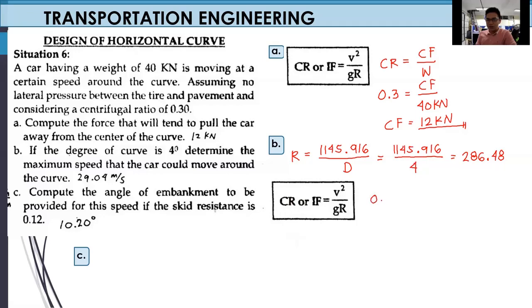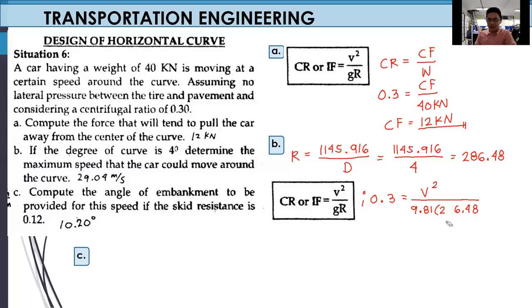0.3 is equivalent to velocity squared divided by gravity natin is 9.81 meter per second squared, di ba? Then yung R natin, which is 286.48. Ayan.